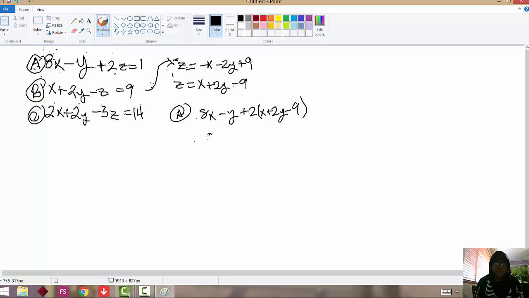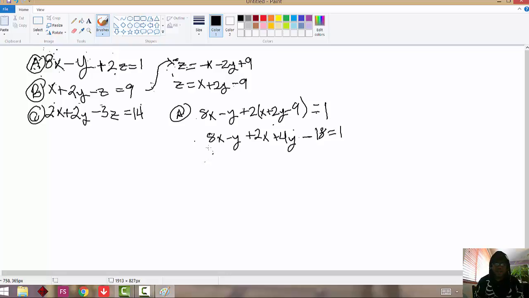We're going to distribute everything: 8X minus Y plus 2X plus 4Y, and these two multiplied get minus 18, equals, oops, I forgot the equals up here, equals 1.